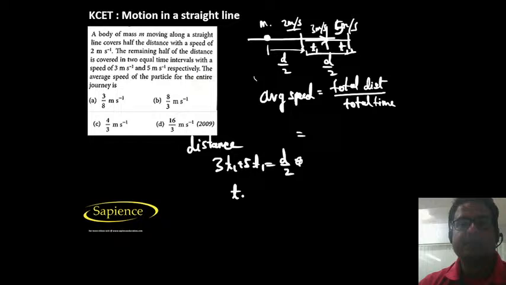So 8 t1 is d by 2, so t1 equals d by 8 into 2, that is 16, d by 16. So this time is d by 16.